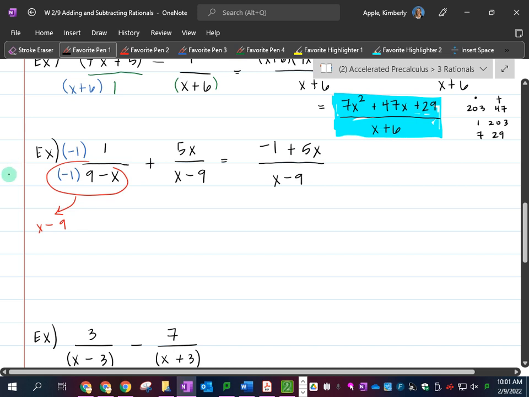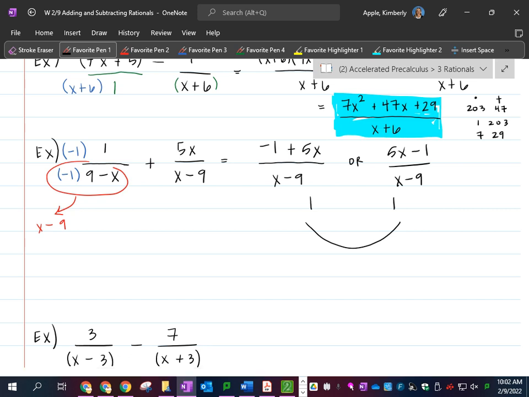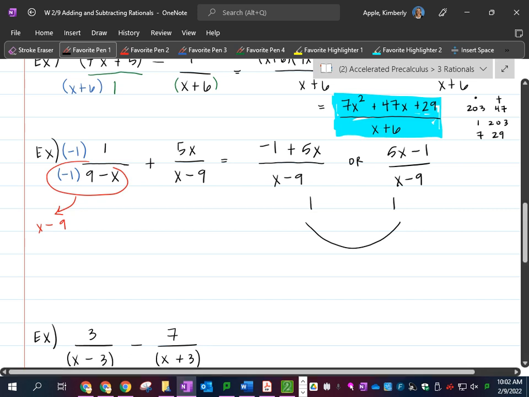Anything going to factor here? Nah. Or you can always write it 5x minus 1 over x minus 9. Whatever, both of these are good. It doesn't matter. All right, that's the -1 trick.